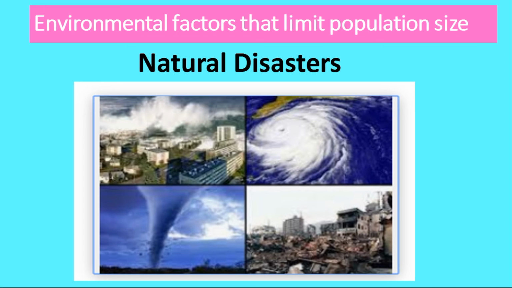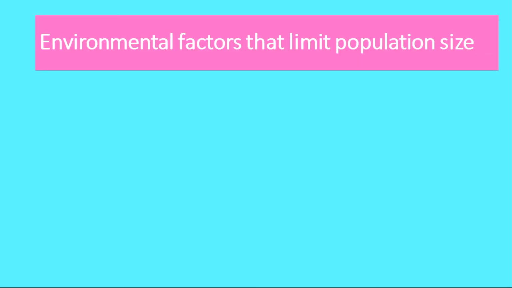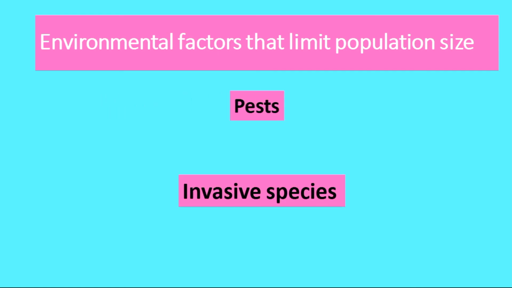Natural disasters therefore would also increase the death rate of organisms, controlling or limiting the population size. Other environmental factors that limit the population size would include pests as well as invasive species. Pests and invasive species also help to increase the death rate, limiting the population size.